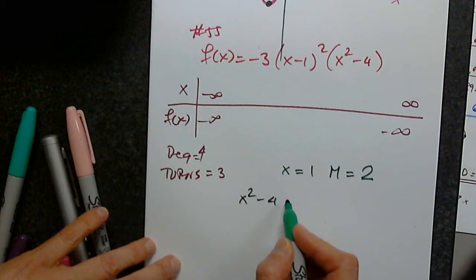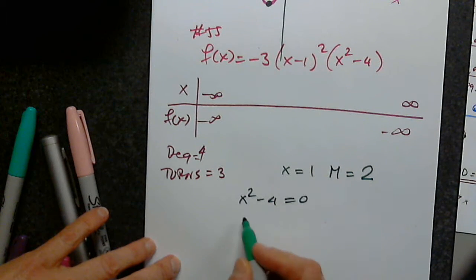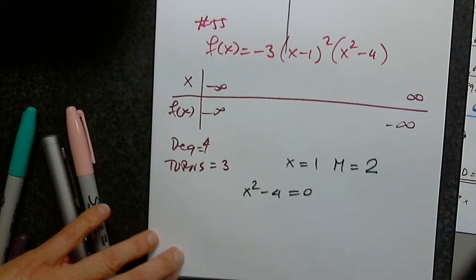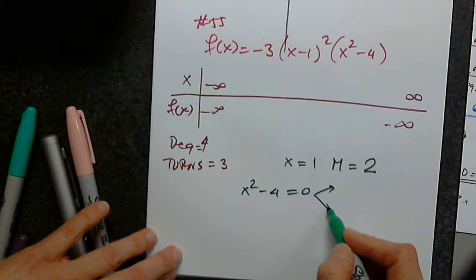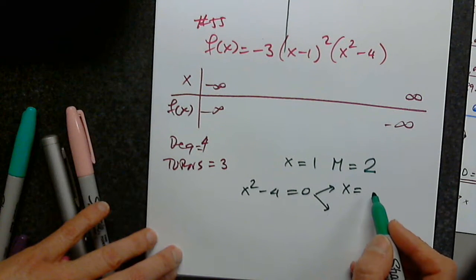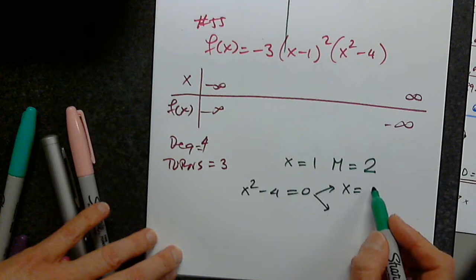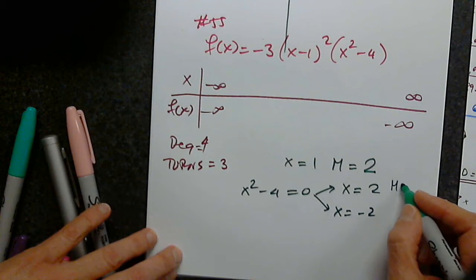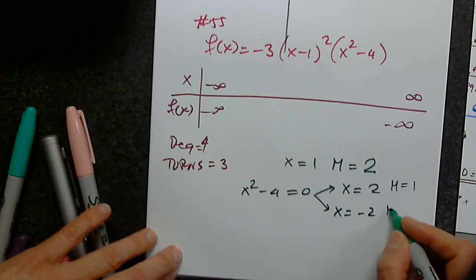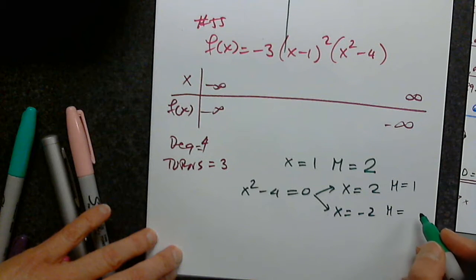You either move 4 and take the square root and you give me 2 solutions, or you factor. Very good. So what is the multiplicity for 2? 1. What is the multiplicity for negative 2?